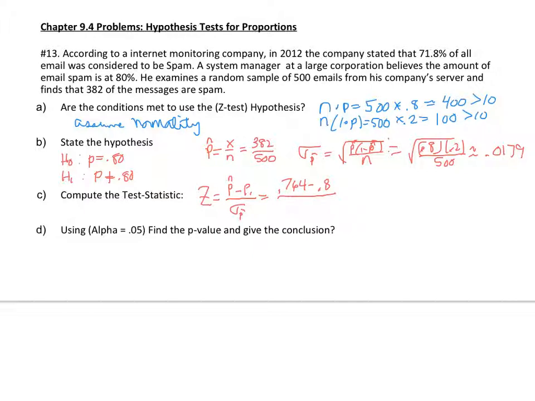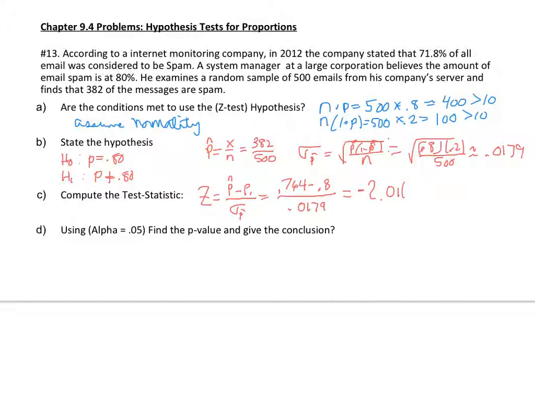And then we have the standard error of 0.0179. When we do this calculation, we get a negative 2.011.